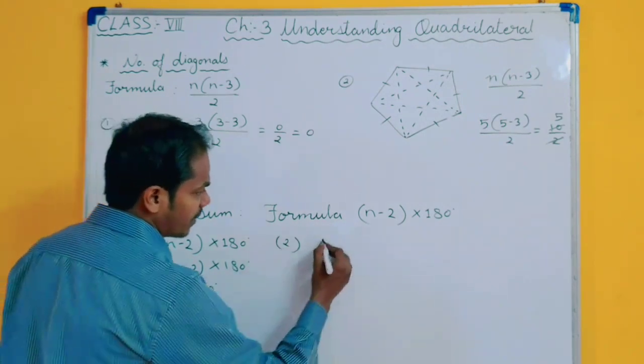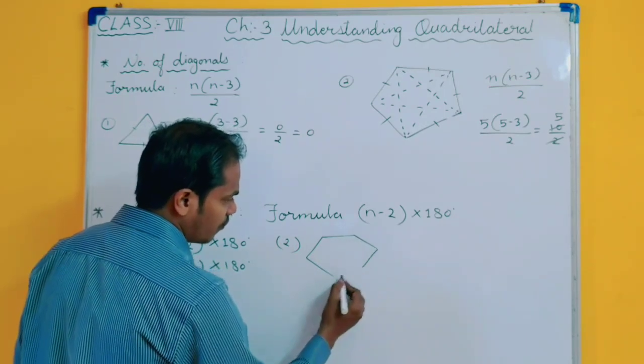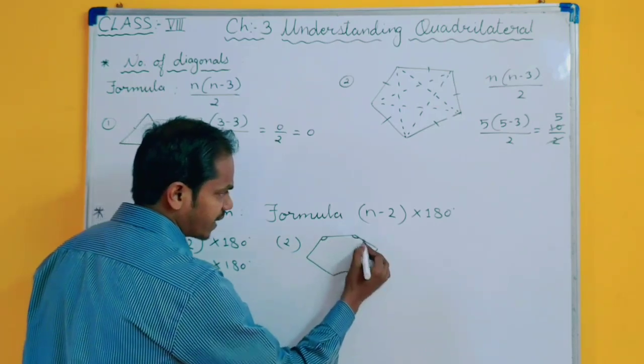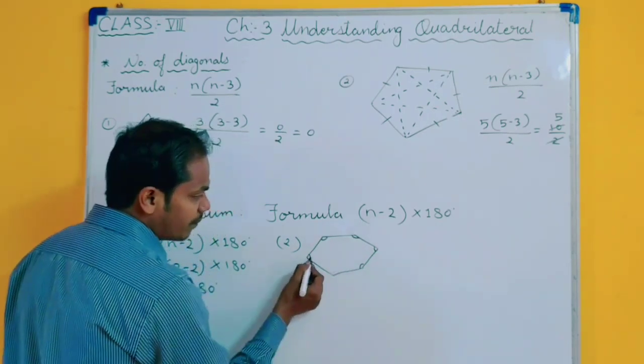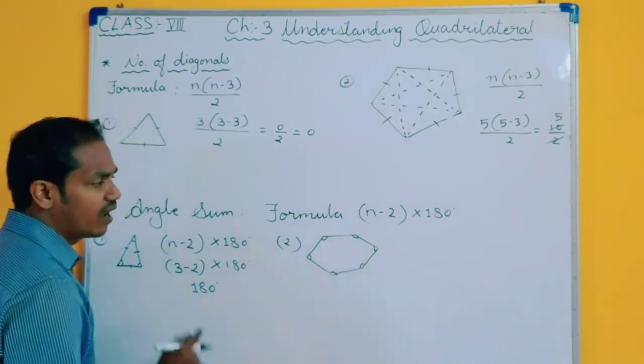Suppose I am taking a hexagon here. 1, 2, 3, 4, 5, 6 sides. So how many angles are there? 6. What is the sum of all the 6 interior angles of a hexagon?